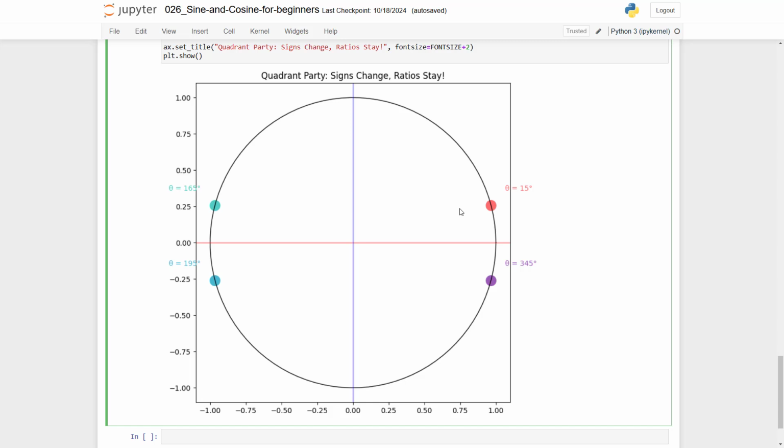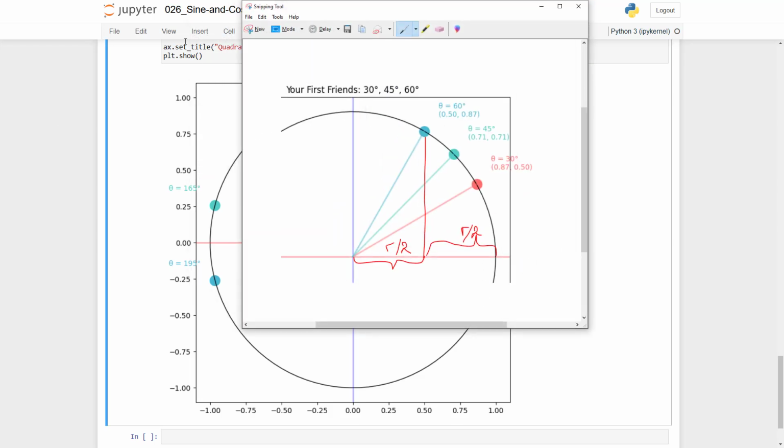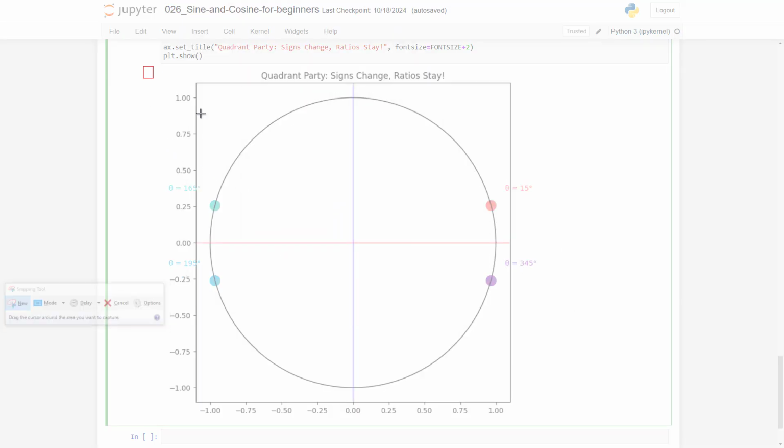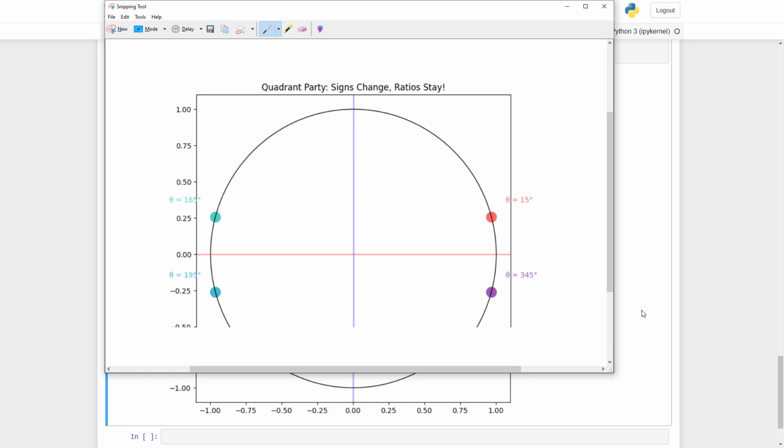So with other words, the cosinus of this one and this one are pretty much the same, but with a minus. I'm just going to make a quick screenshot so I can explain. So this one and this one, the cosinus of 15 degrees is actually 0.966, pretty much.